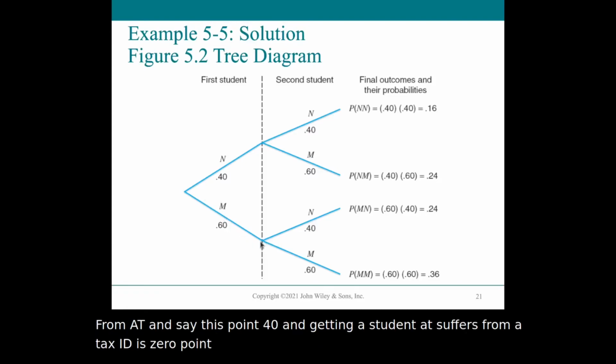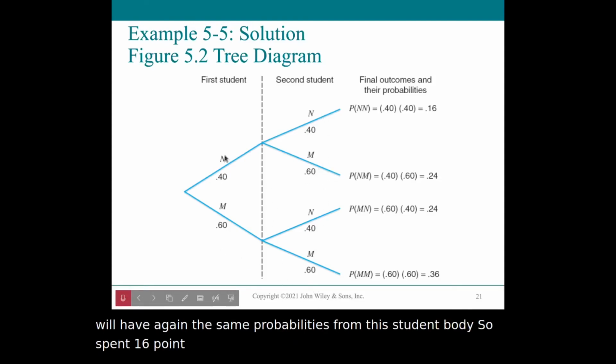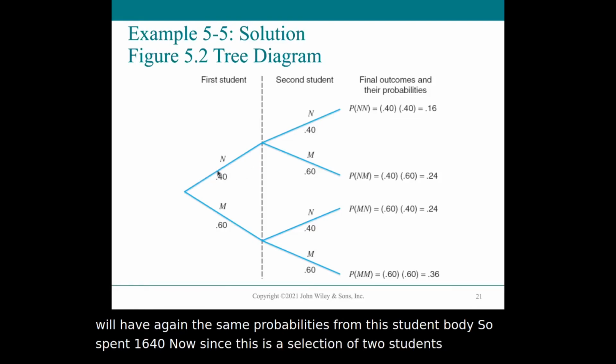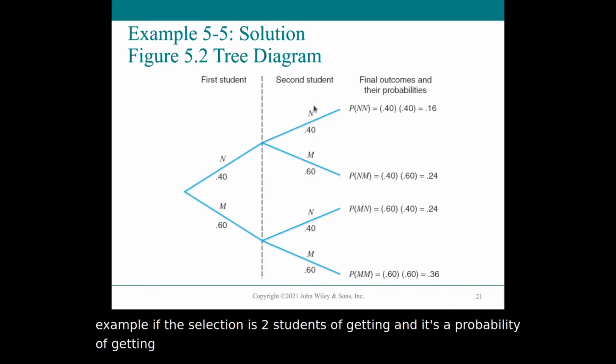Now, in the next selection, just like a coin toss, you will have again the same probabilities from this student body, 0.60 and 0.40. Since this is a selection of two students, if both are N, it's the probability of getting N on the first and N on the second chance.